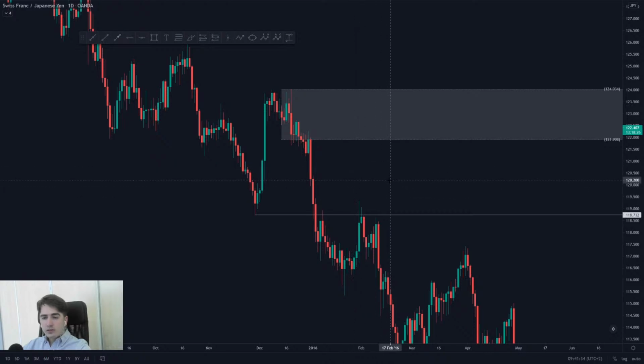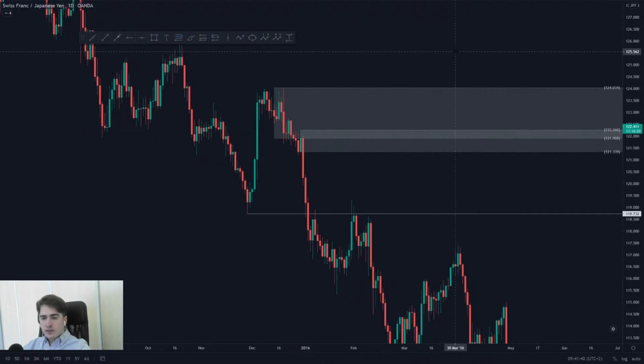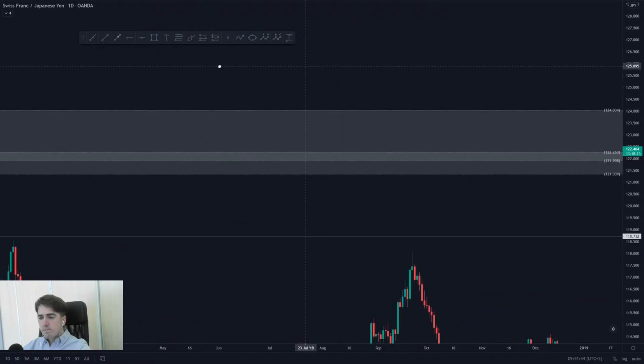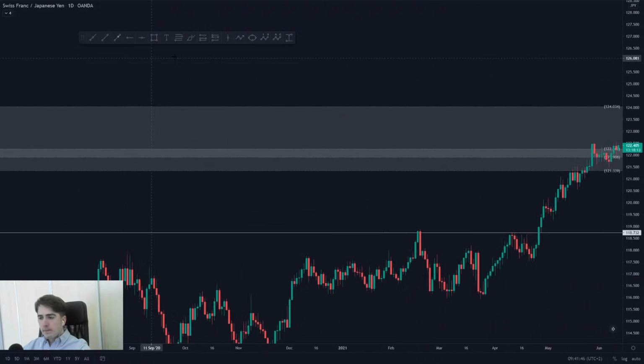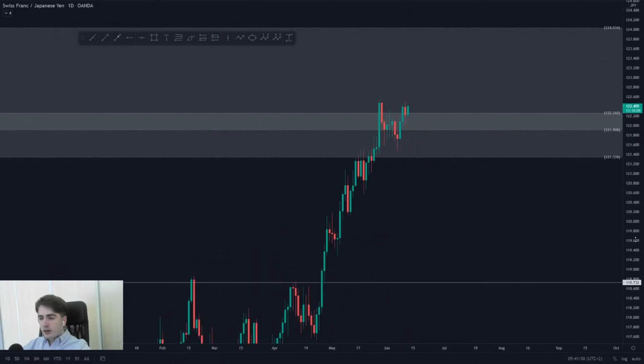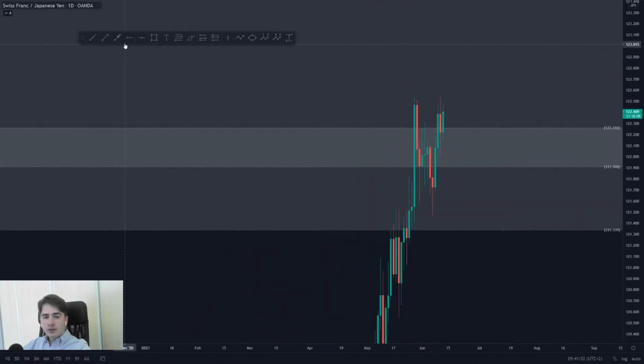This low essentially got taken out by this over here. So we are seeing price stalling from here. What I also really like about this pair is that we took out the high, right? So you can see a fake out on the high. Potentially, it could start dumping from here.